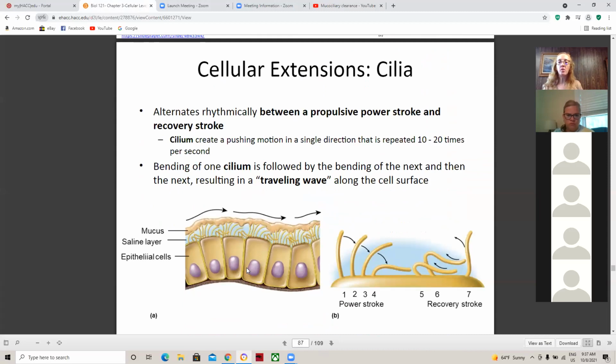There's this alternating rhythmic beating between the power stroke and a recovery stroke that's going to create a pushing motion, allowing things to be moved along the surface in a traveling wave. So it bends down and then it flips up, allowing things to be moved along.